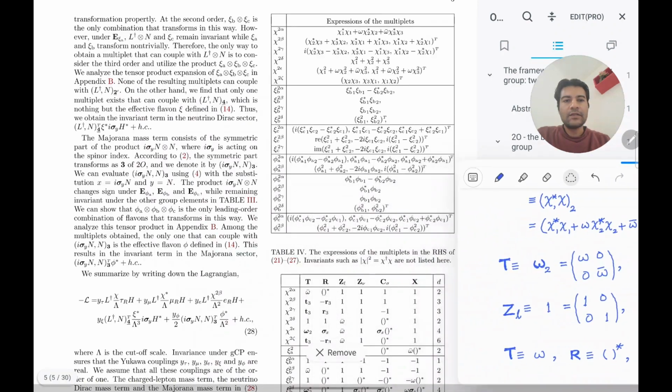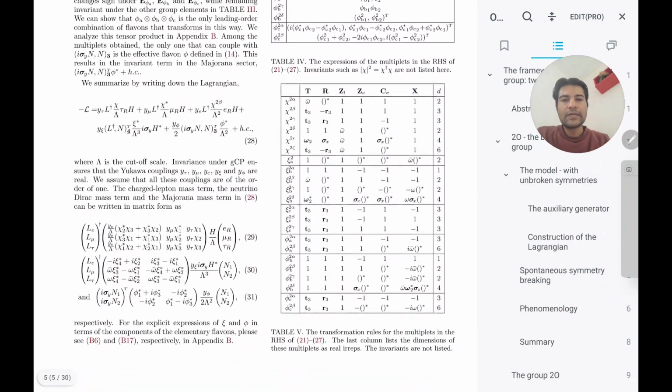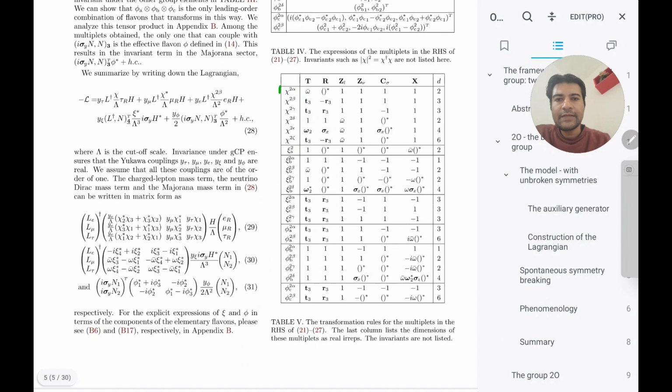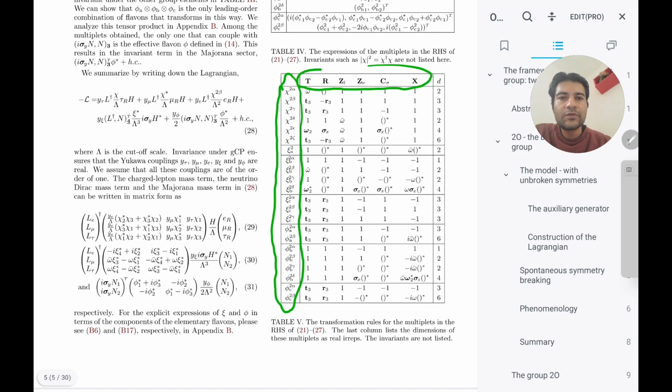Now you may have a look at this table. In the left side of the table, you see the various multiplets obtained from the tensor products of the flavons appearing in the model. And then here we have the various generators of the group. And C sigma is the generalized CP. And as you can see, complex conjugation appears as a part of the generalized CP.